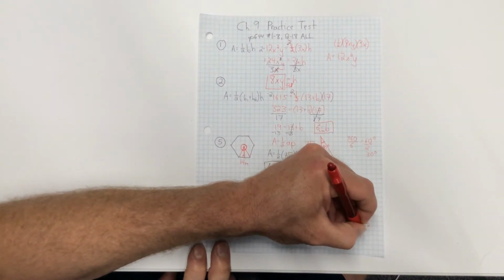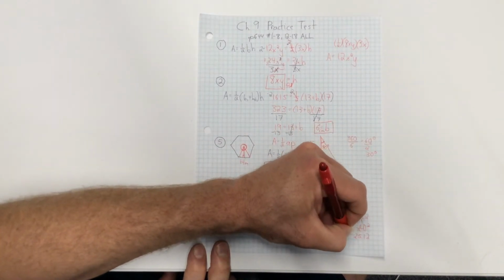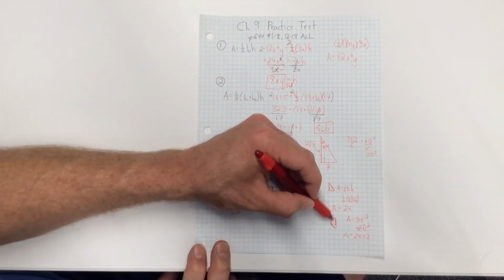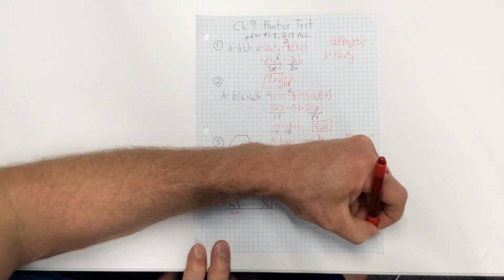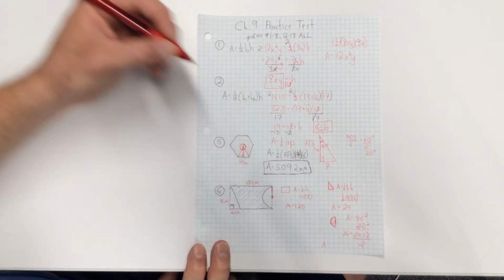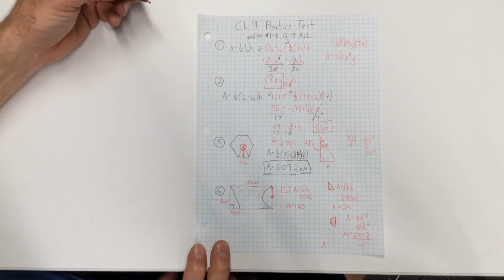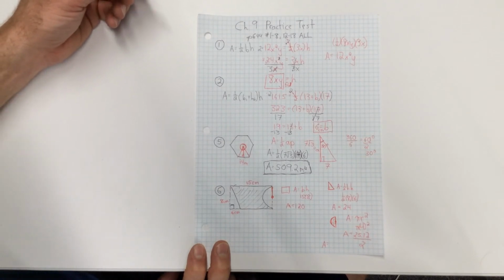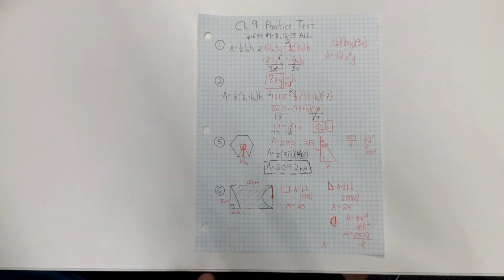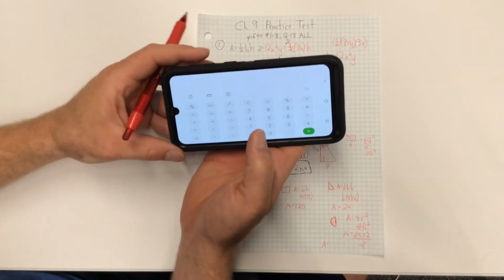16 times pi is 50.24, so that's the area of the complete circle. Now don't forget, this is only a half circle, so I need to cut that number in half. I need to divide it by 2. Oh, actually, I'm sorry, I jumped ahead. Let's go ahead and check it. I think I'm looking at my notes. So here we go.